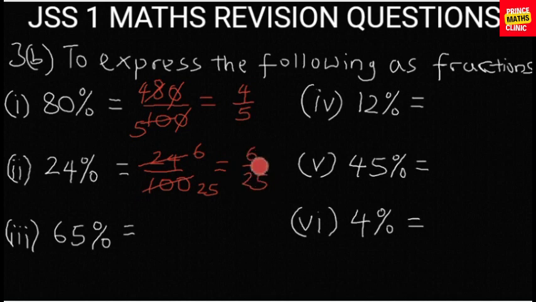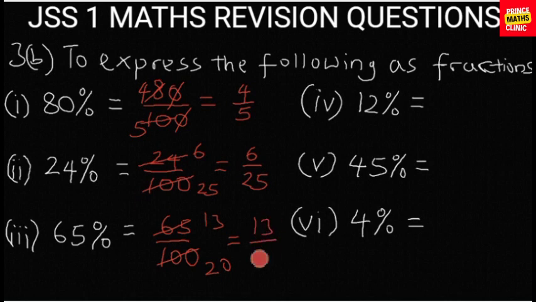Now at this stage, nothing can divide them anymore. Then here I have 65 over 100. Now 5 will go in 65 13 times, and 5 will go in 100 20 times. So it cannot be divided any further. So I will say 13 over 20.